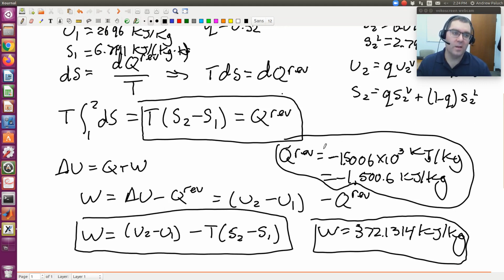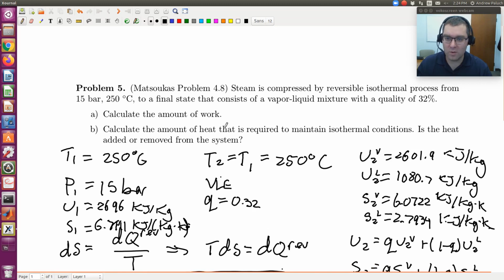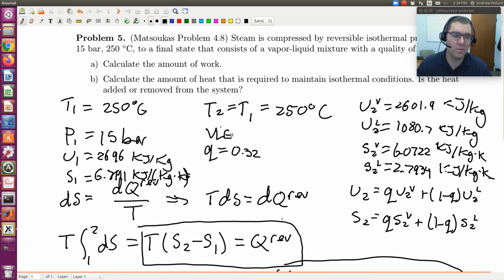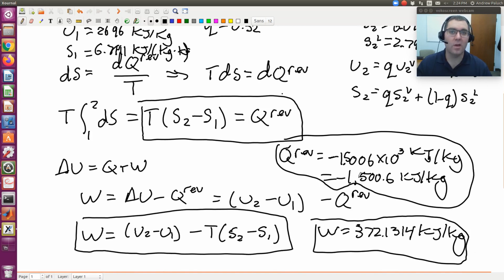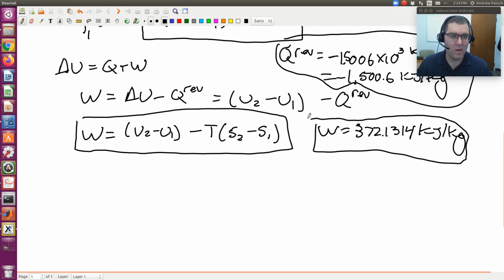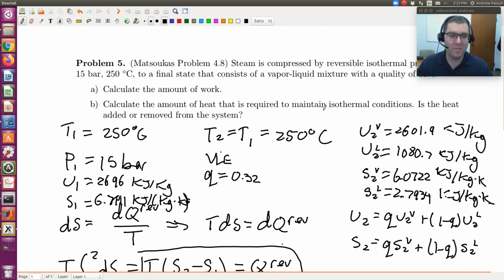Q is negative, so heat is being removed from our system. So heat's being removed and work's being done on our system. Cool problem. That's a cool combination of first and second law. I hope that helps.